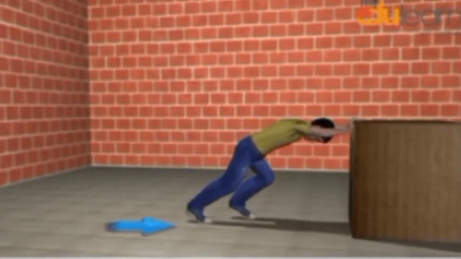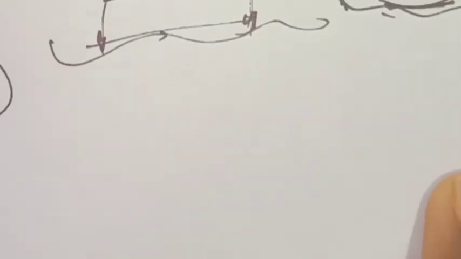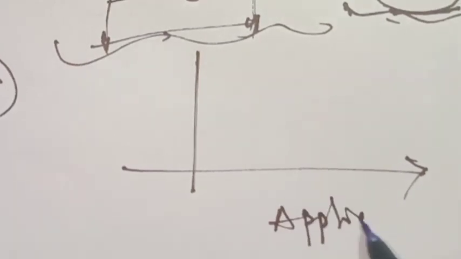Let's go for the maximum static friction. As I have shown you in the animation, I will try to draw the graph for you. Here I will take the applied force along the x-axis, and on the y-axis I will take the frictional force.